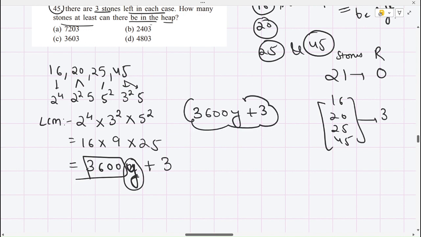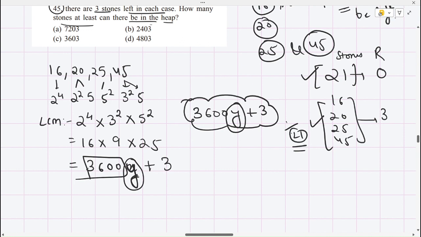So this means this whole number satisfies the condition of all these numbers. Coming to the condition of 21, the remainder should be 0. In this case we need to put such a value of y here that this case is also satisfied, that is, the remainder becomes 0 when we divide this whole number by 21.